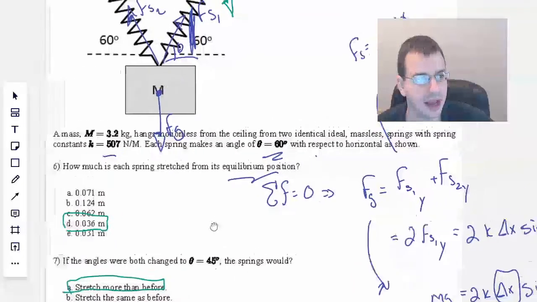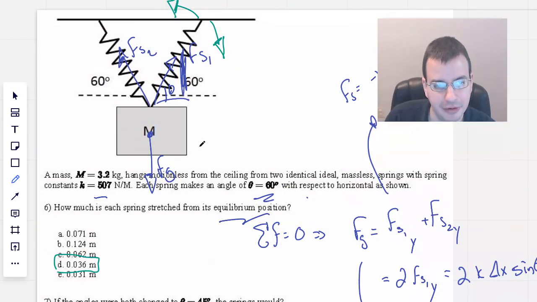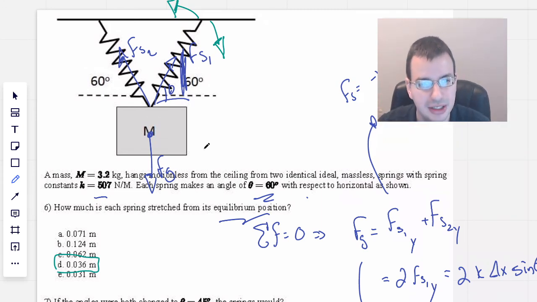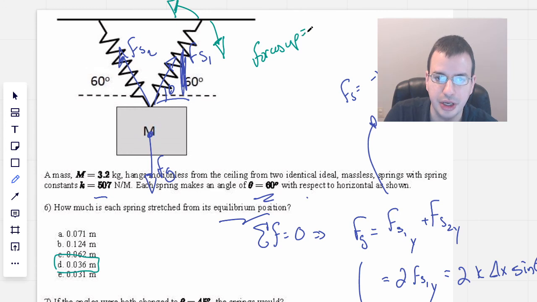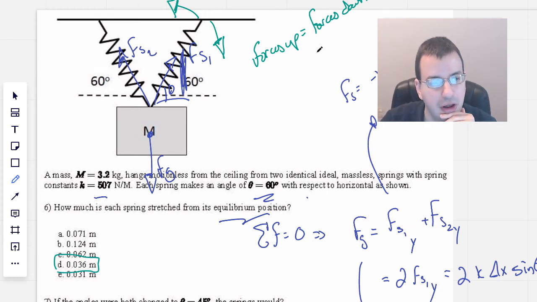Let's back up and review what we did. We did a free body diagram. We know there was no motion, therefore the net force, all the forces added together, is 0. Another way to look at it is that forces up equal forces down, since we're focused on up and down here.